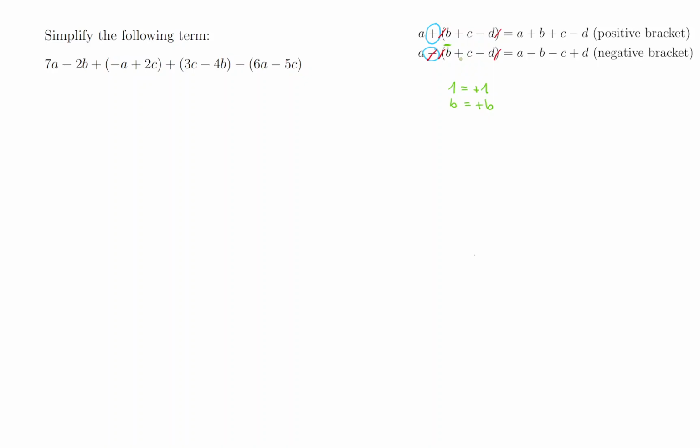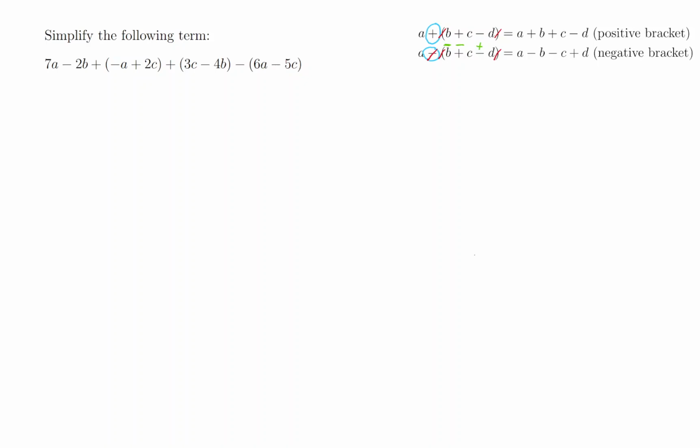Then the plus sign in front of the C would also change into a minus, and the minus sign in front of the D would change to a plus. So we throw away the brackets and the minus sign and change all the signs inside, and then we have our final result. So it is A minus B minus C plus D. A minus B minus C plus D. This is exactly what is written here. So those are the two rules you have to know, negative and positive brackets.